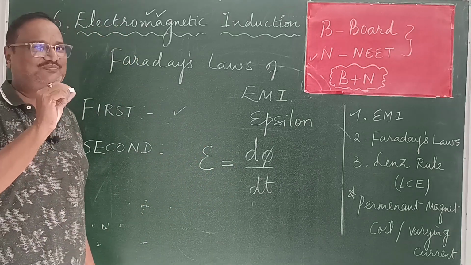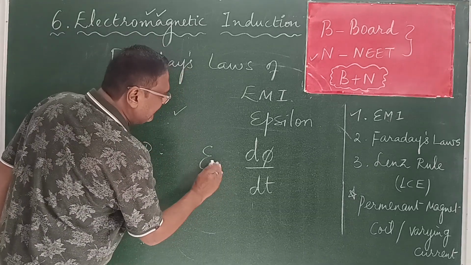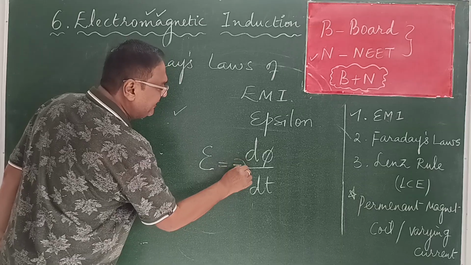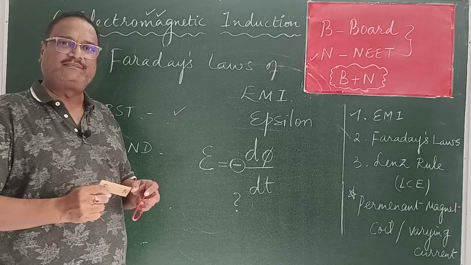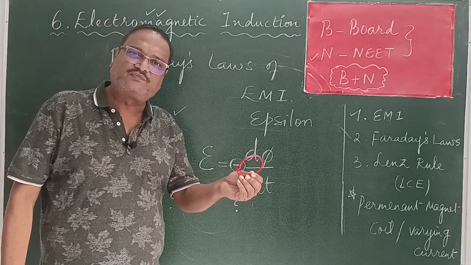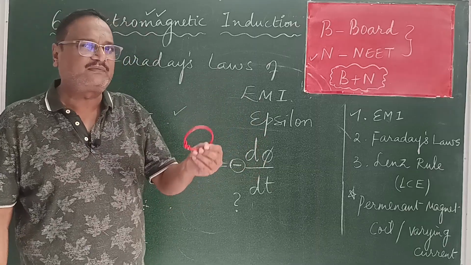But there is a small hitch here. You will find that there is a negative sign in front of it. Here the negative sign comes in. We know EMF is induced, maybe 1 volt, 2 volt, 3 volt, maybe 1 ampere current, 2 ampere current, 3 ampere current.